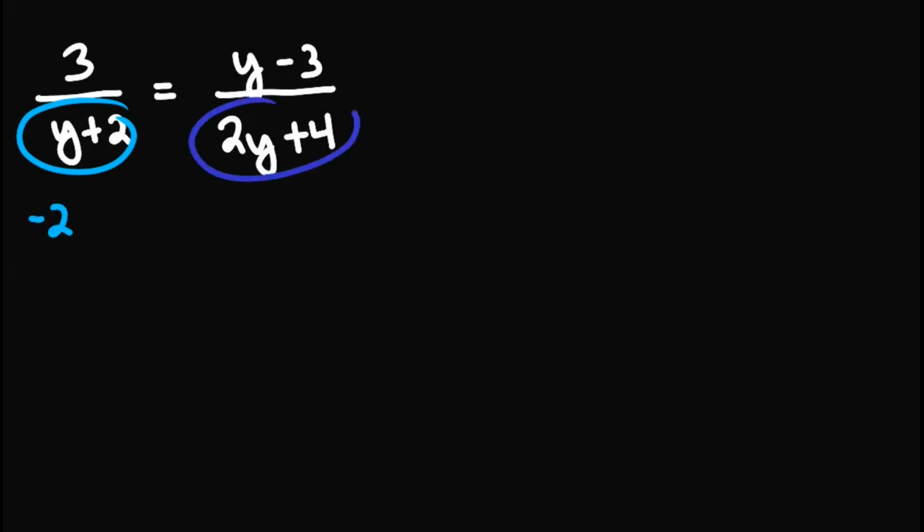For this one out here, when will this be equal to 0? Well, note that we can write this one as 2 times y plus 2 by factoring out the common factor of 2. And we also have y plus 2 out here, so we know that this expression will be equal to 0 if y is equal to negative 2.